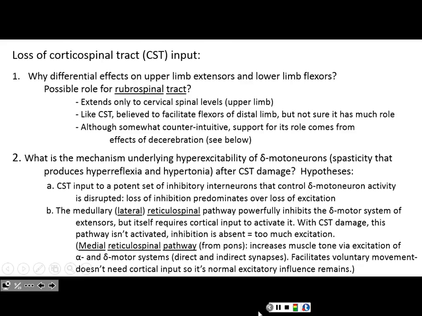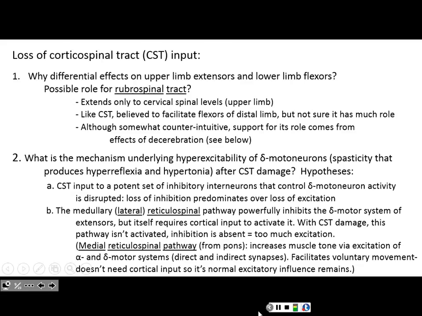But the one thing that they have focused on is the role, in this case, of the lateral reticulospinal tract, okay, which comes from the medulla. Because the lateral reticulospinal tract has very powerful inhibition of gamma motor neurons to the extensor system. Okay? But it's under cortical control. If you remove the cortical control of this that goes to the reticular formation of the medulla, you can't excite this pathway very easily.